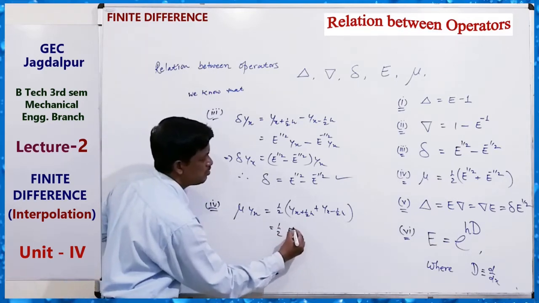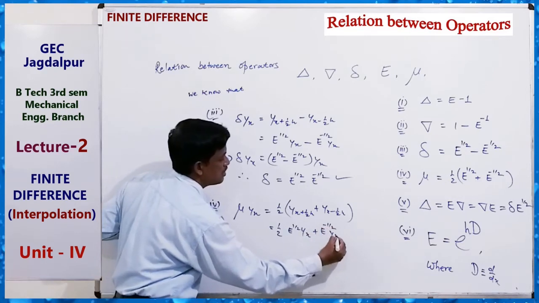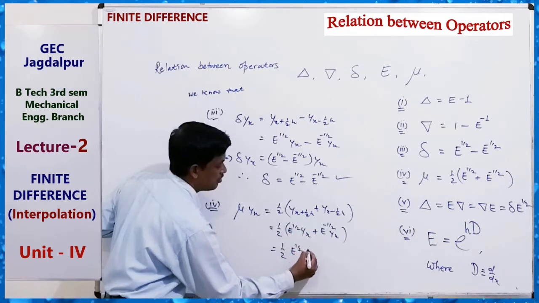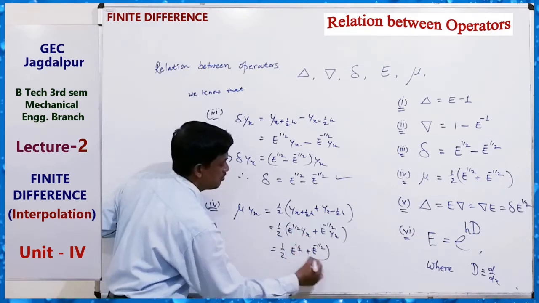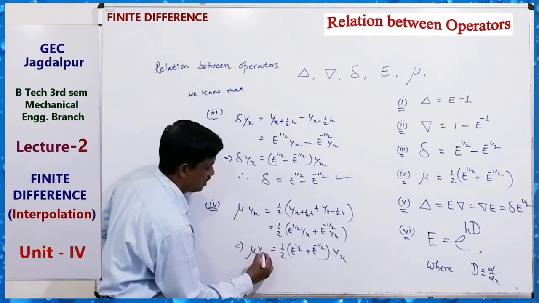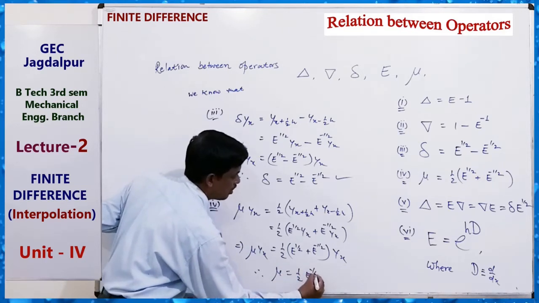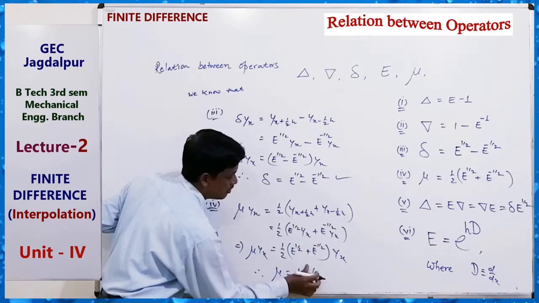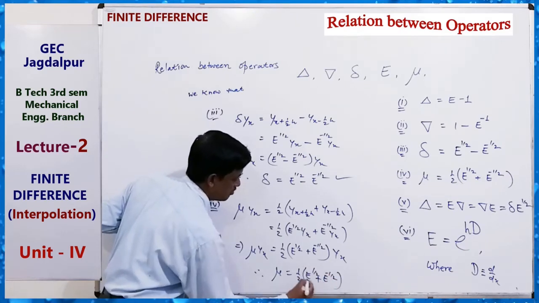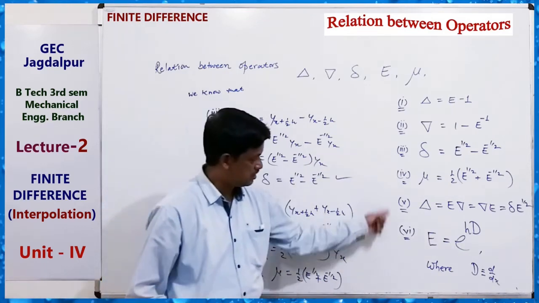Just use E power half yx plus E power minus half yx. We can write it like this: E power half plus E power minus half, with yx outside. So we can write μyx. Therefore μ equals half of E power half plus E power minus half. Okay, the fourth is good.